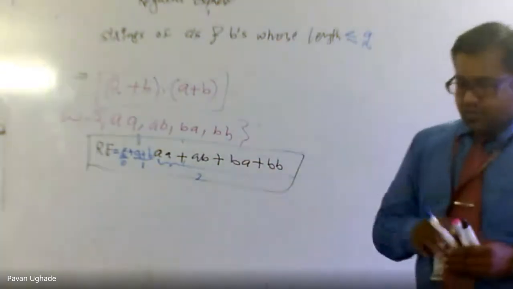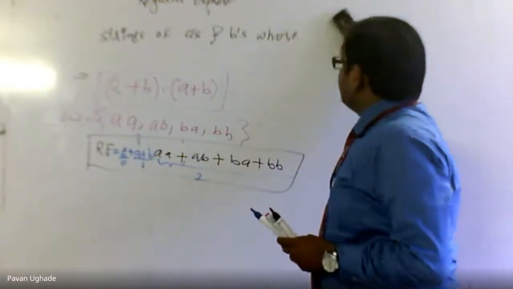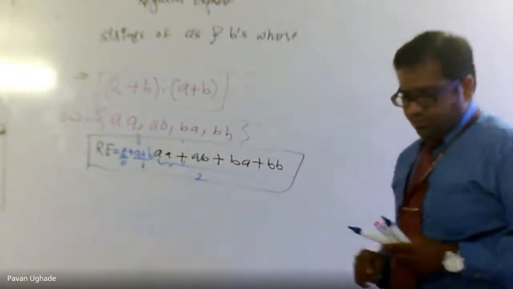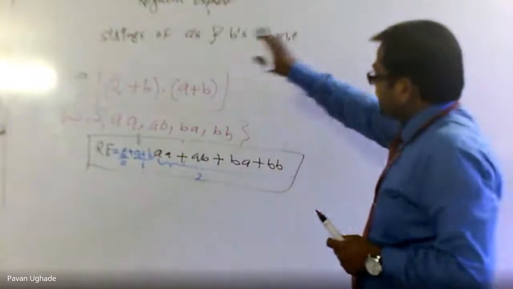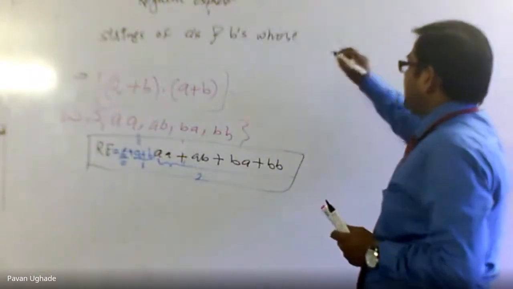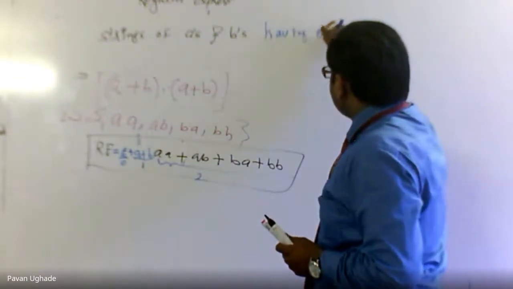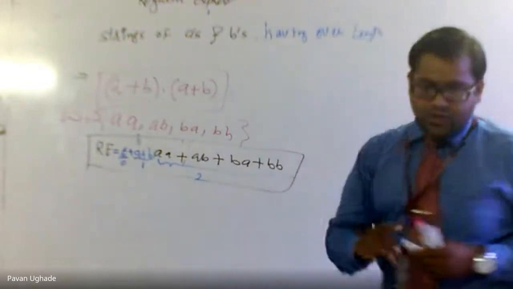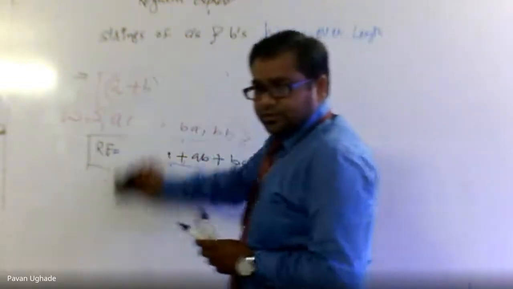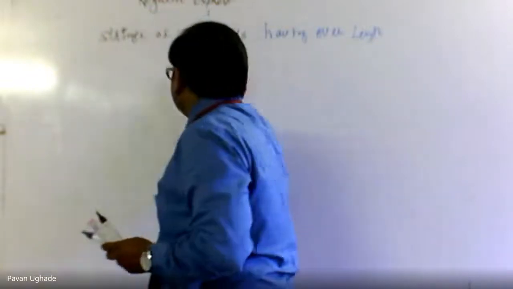Instead of this, I'll talk about strings of A's and B's having even length. It accepts the strings of A's and B's having even length. Now, this question was also asked in the examination. Even length and odd length.